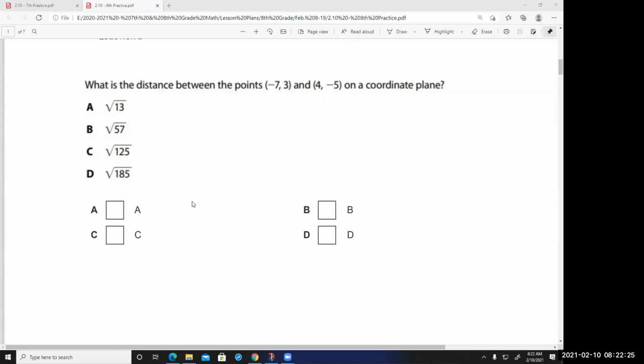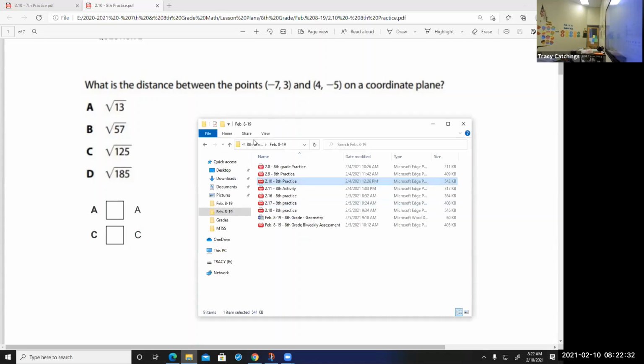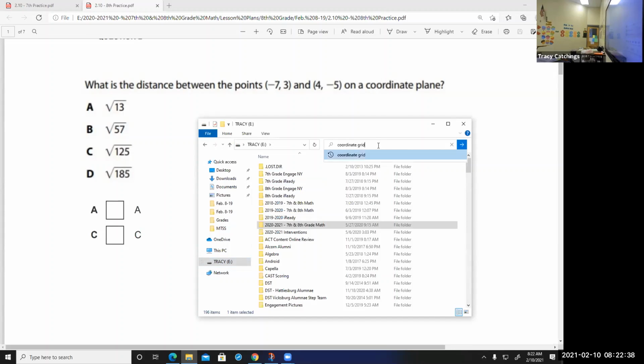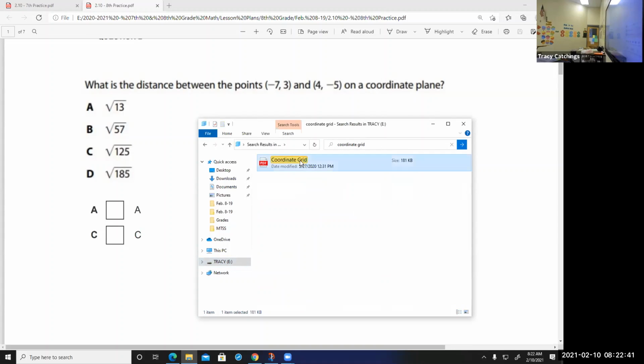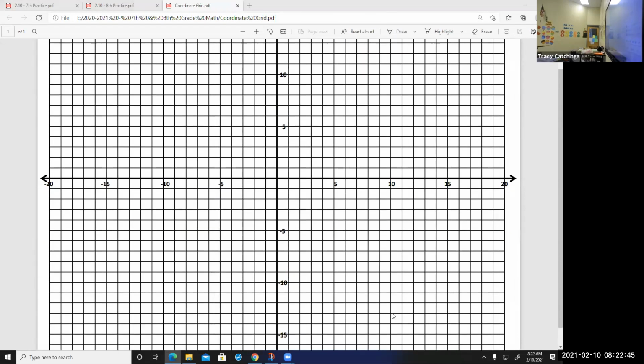I'm going to use a coordinate plane. You should have one in your folder in Schoology. I got one somewhere too. All right, so we said our first point was at -7, 3. And that next point was at 4, -5.